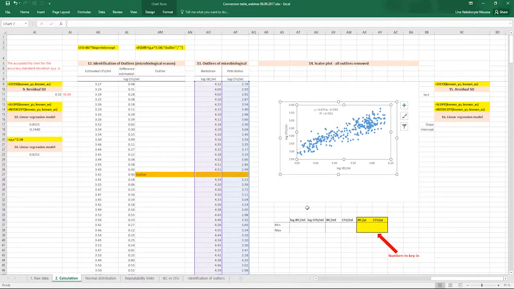So now we have scatter diagram. Just press on the scatter diagram to see which data are included.